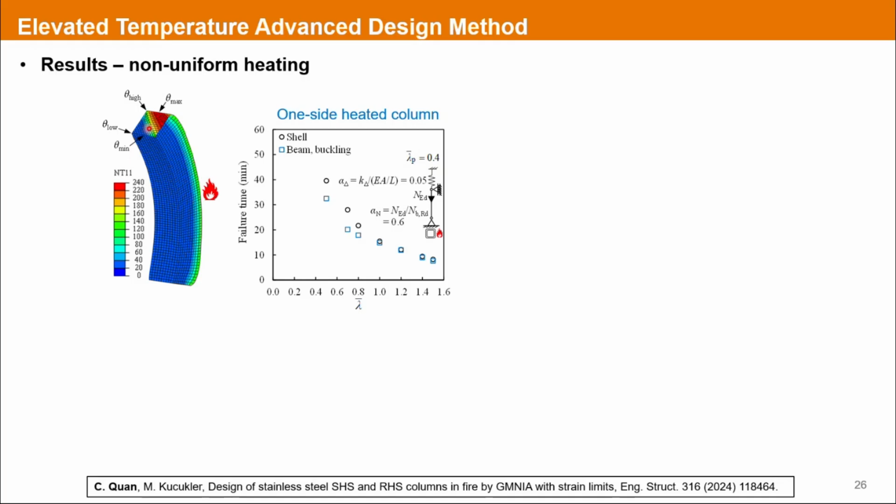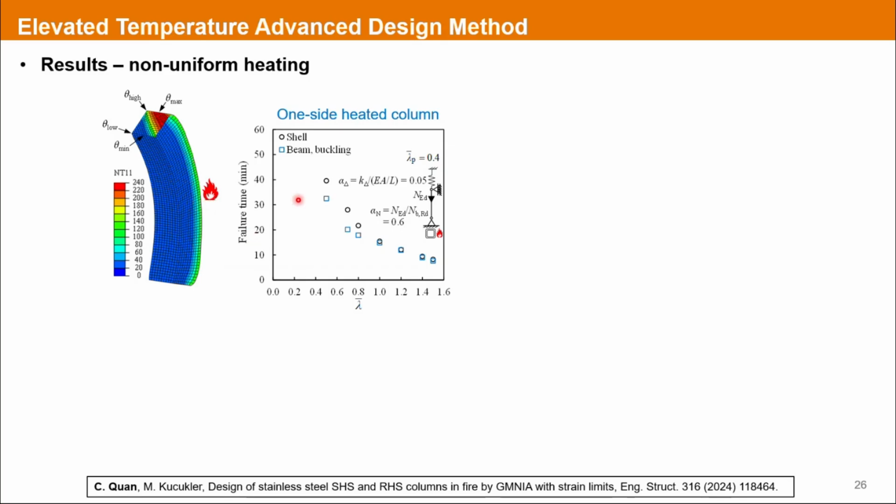However, in this non-uniform heating case, if we look at this column, on the heated side there would be more significant material degradation. So probably the critical location also occurs at the heated side. This is also a difference between the room temperature design and the fire design.